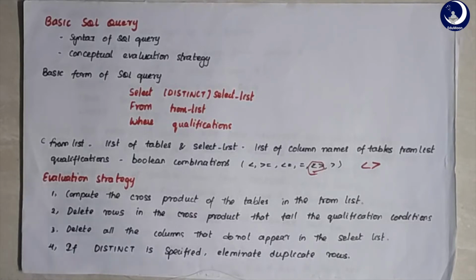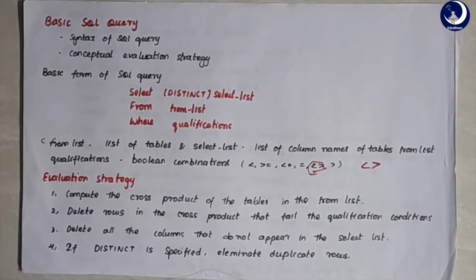Now we have all the columns in the two tables. Now you will apply the qualifications in the where clause, remove all the other things, and keep only what is required. Then from the select list, you will select only what you want to be shown in the output. So this is how a SQL query is evaluated.